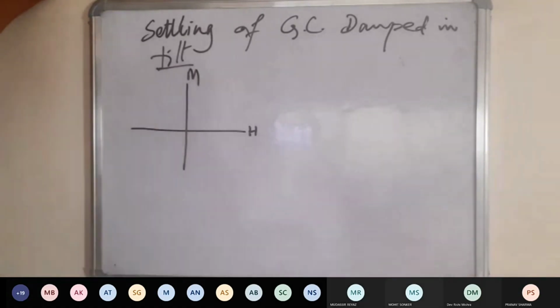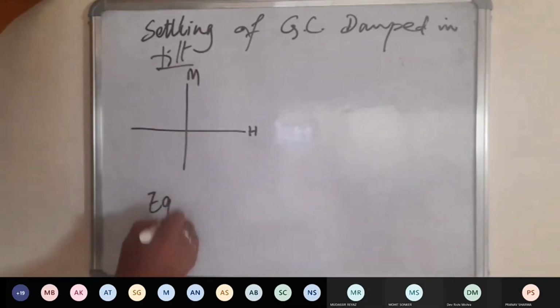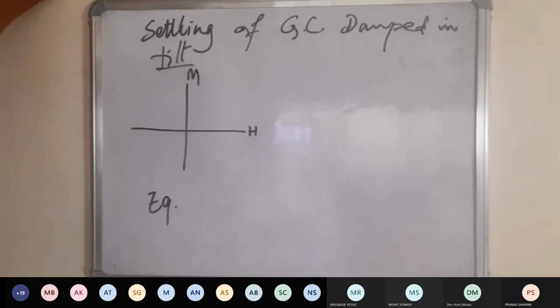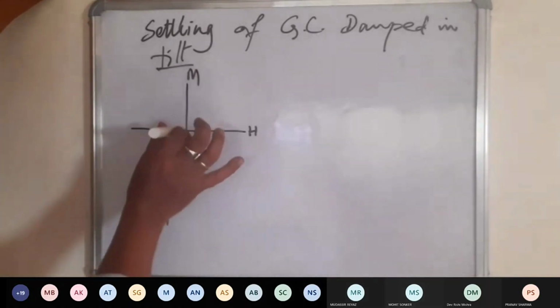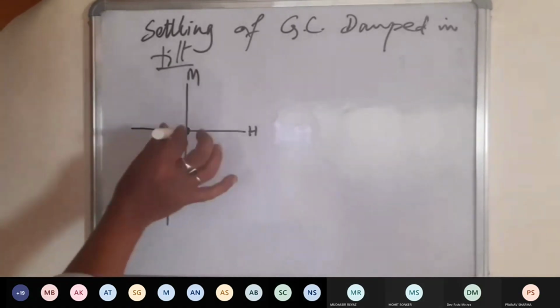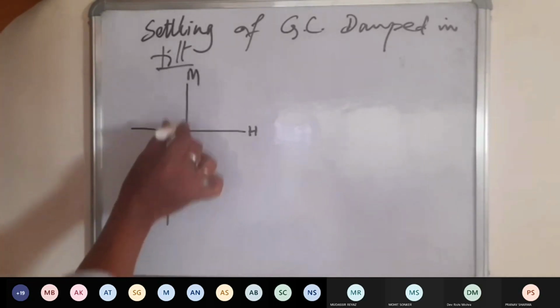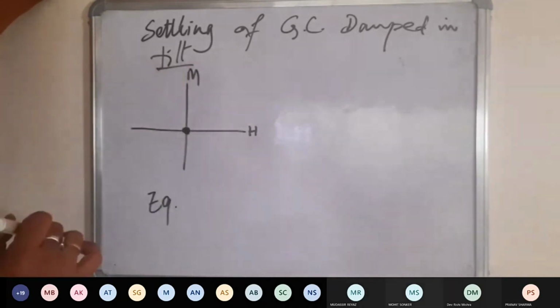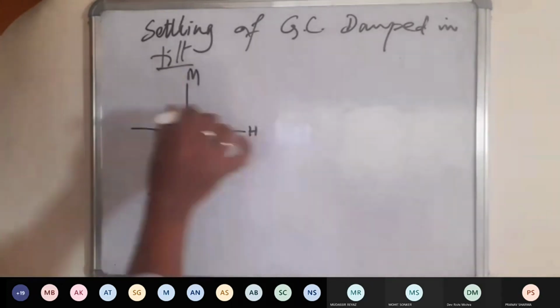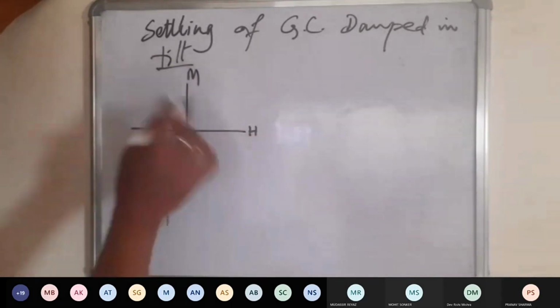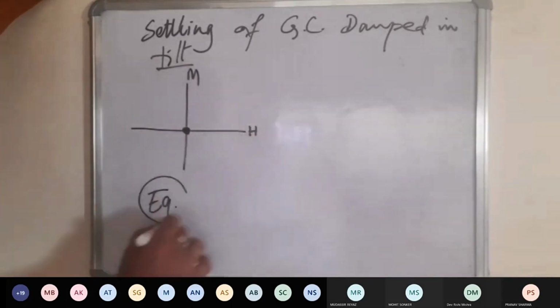If this compass is on equator, the gyro compass spin axis will be settling down here like this. That means it will be horizontal, not above, not below, not east, not west. It will be remaining like this on the equator alone.